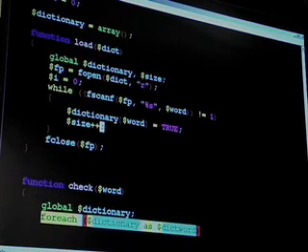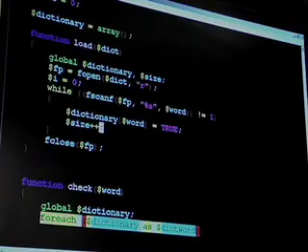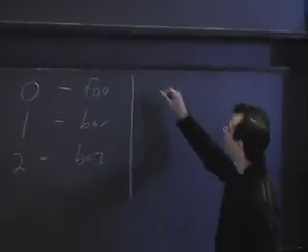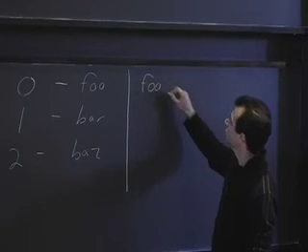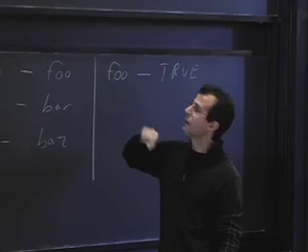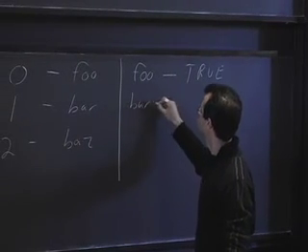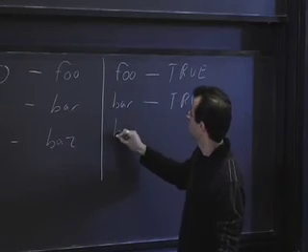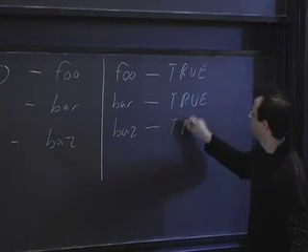So what is this doing? Rather than storing at the 0th location the word foo, we're flipping things around now conceptually, such that I'm storing at location foo the value true. And if I do this again for every other word, I'm going to store at the location bar the value true. I'm going to store at the location baz the value true.